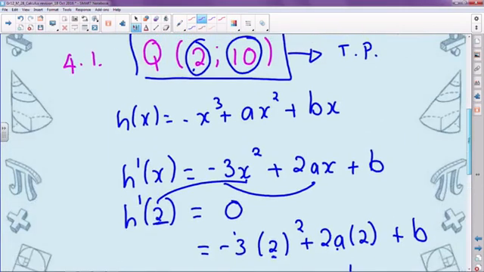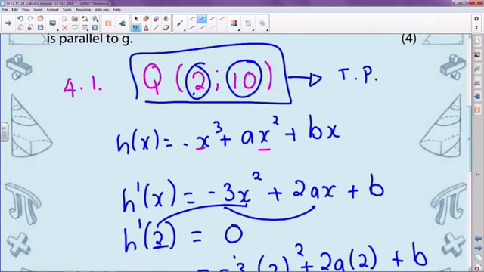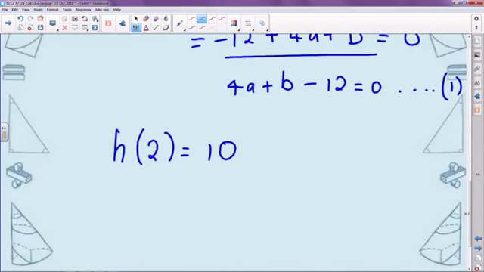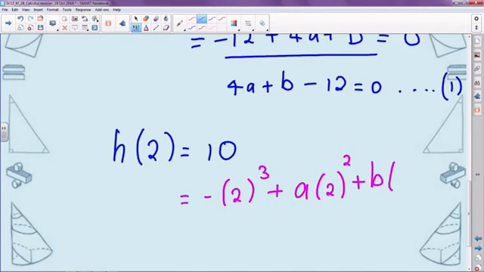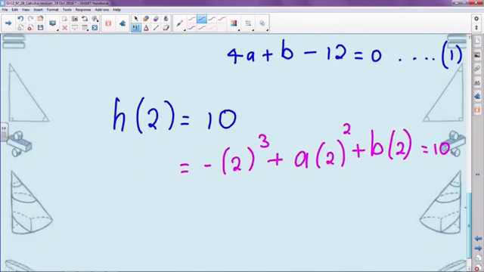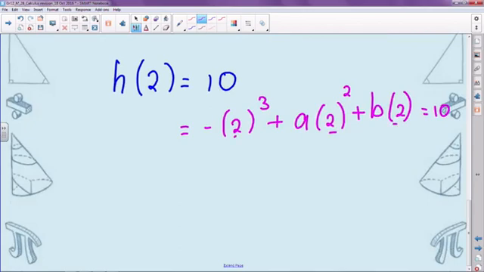I replace x with 2 in the original function. So this is what I'm going to get: minus 2 cubed plus a times 2 squared plus b times 2 is equal to 10. Okay, and you see what I've done? Wherever there was an x, I've replaced it with a 2.